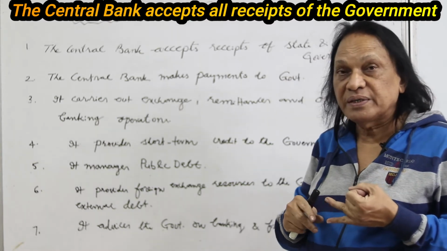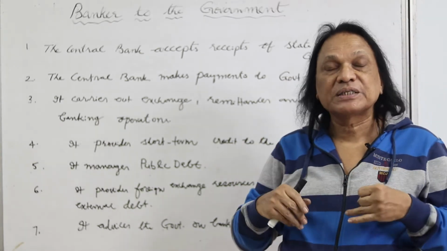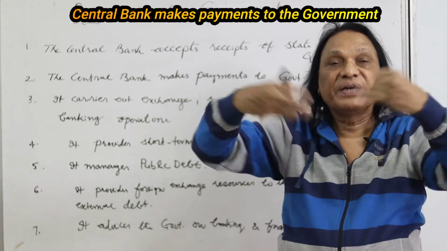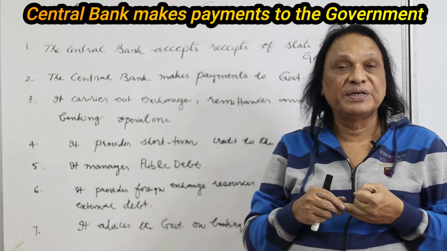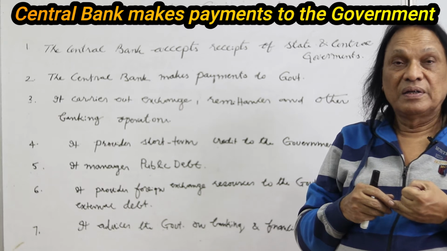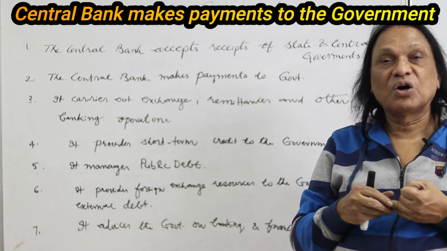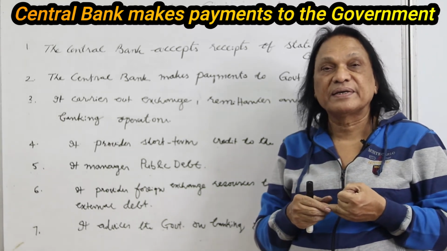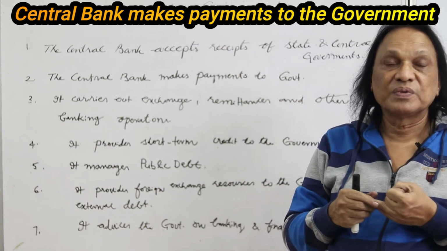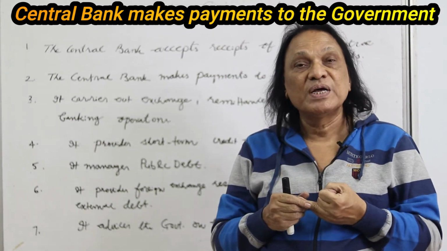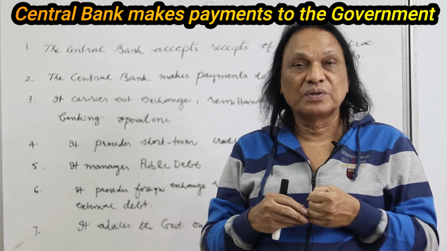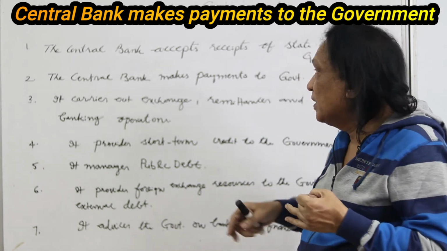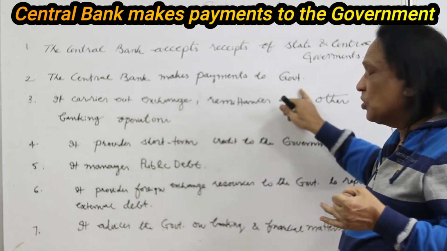The second point: when the central bank accepts these receipts, obviously whenever the government needs them, they take them from the central bank. Why does the government need it? Maybe they want to pay salaries, maybe they want to send some remittances abroad, maybe they want to construct infrastructure. So the central bank makes payments to the government.